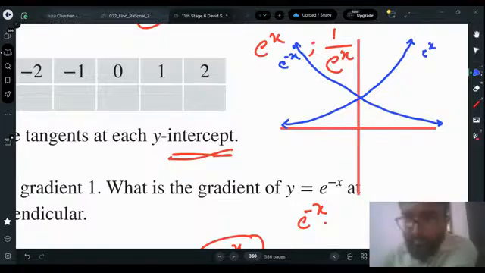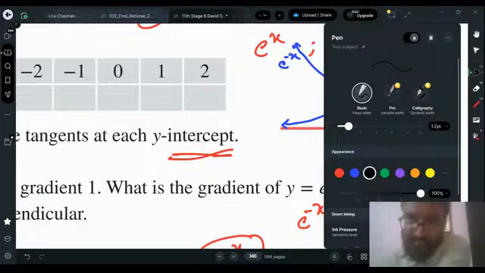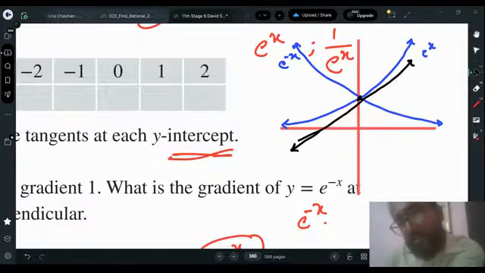Now I'm drawing the tangent. For e power x, this is its tangent, and the other tangent is like this.